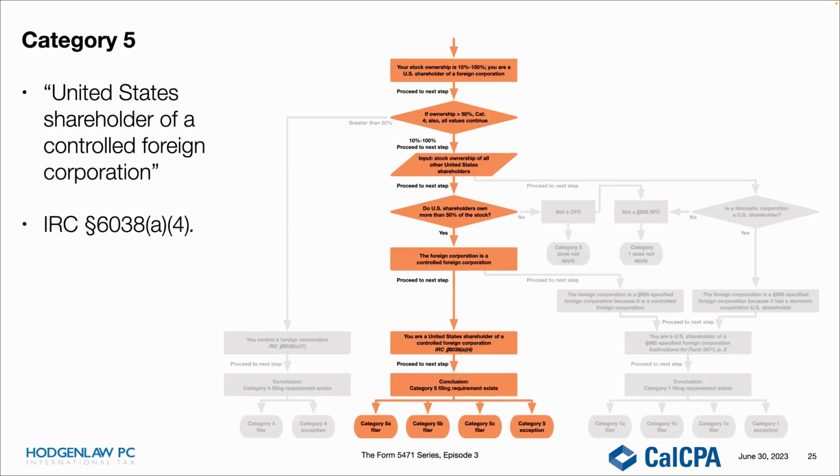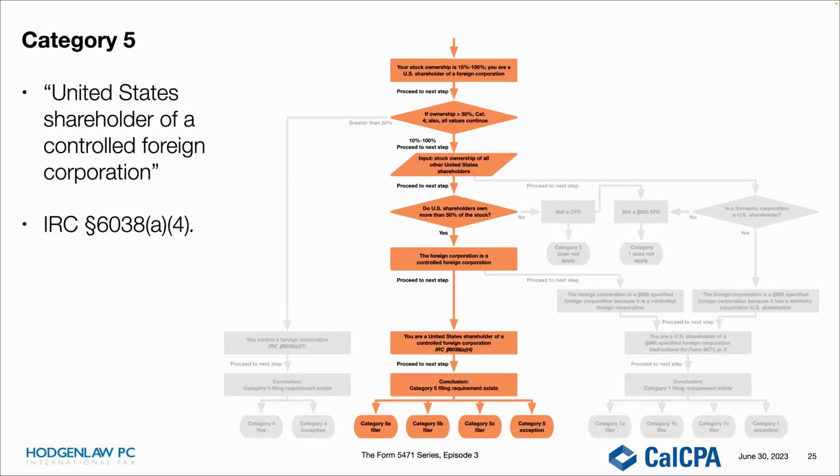And if the answer is yes, then we come to the conclusion that this is a controlled foreign corporation, controlled because US people control more than 50%. At that point, we look at the reporting trigger, Code section 6038A4, and we say, ooh, we have a category 5 filing requirement.